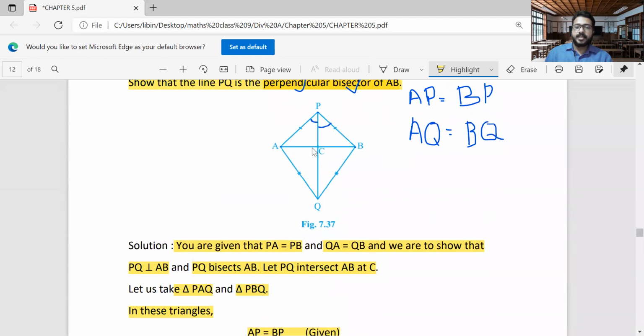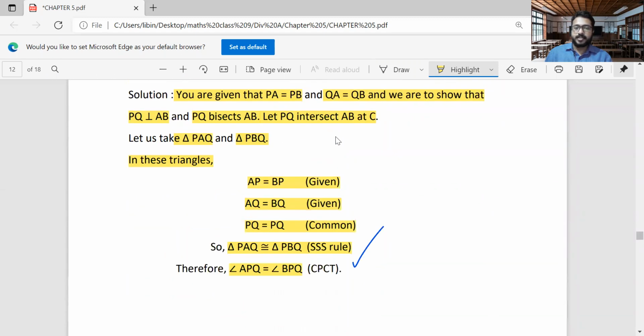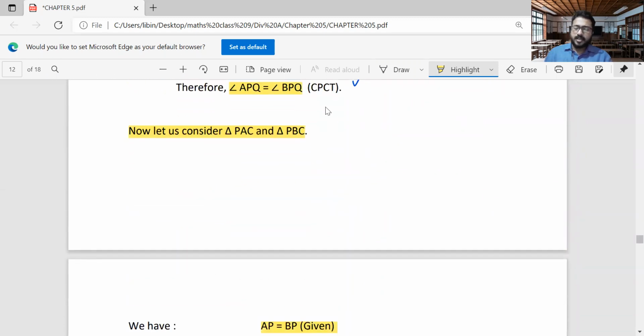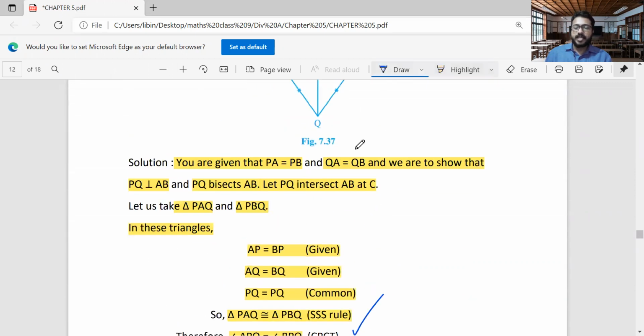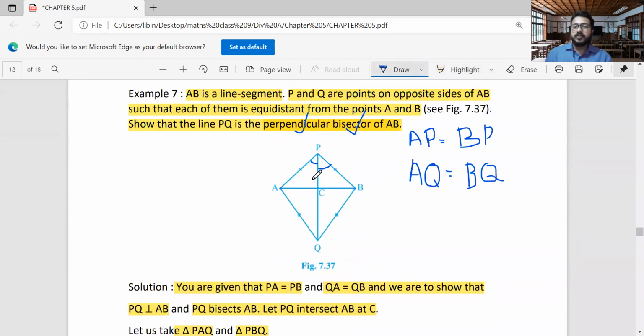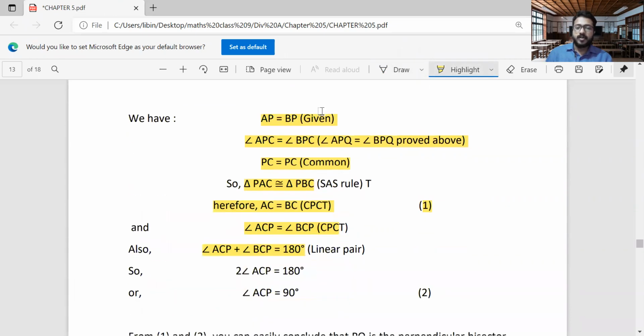Angle ACP is equal to angle BCP by using our CPCT. Now, angle ACP plus angle BCP is equal to 180 degrees. We know that by our linear pair, the sum of the two angles of a linear pair is 180 degrees. Now, as we have seen here, angle ACP is equal to angle BCP.